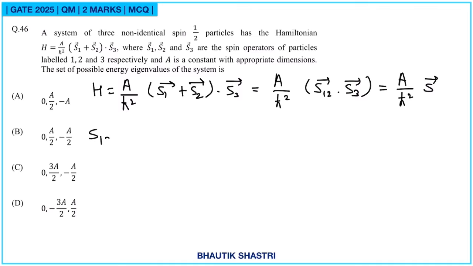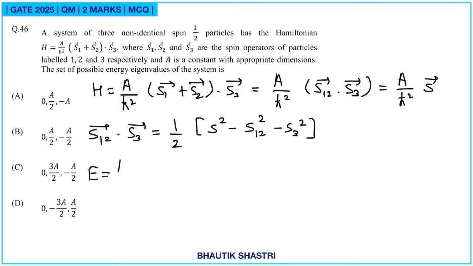So we can write S12 dot S3 is equal to half of S square minus S12 square minus S3 square. So these are the operators, and corresponding values will be, for S square it will be S into S plus 1 into h cut square.